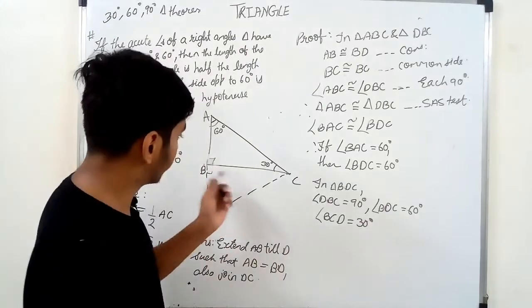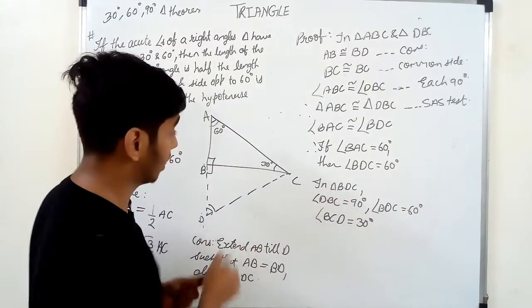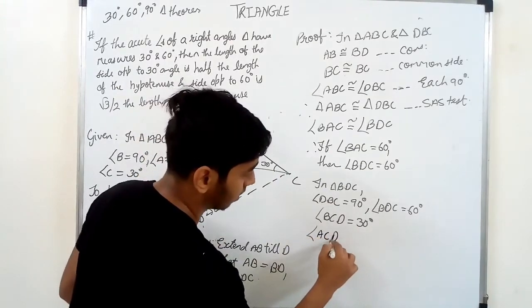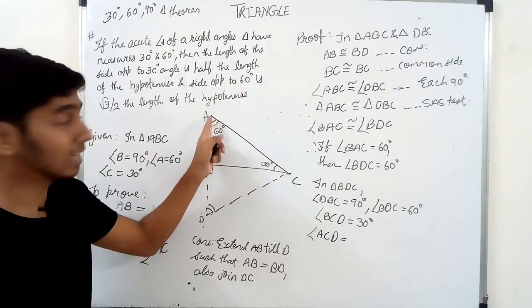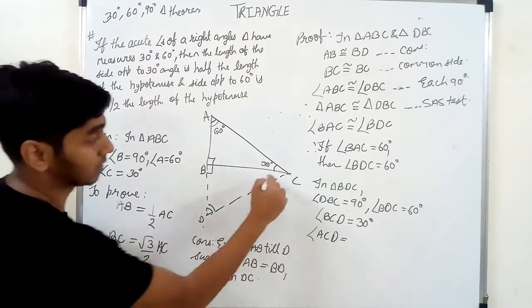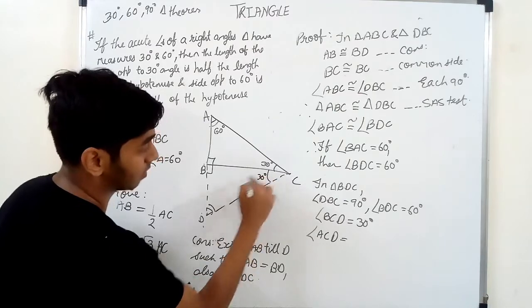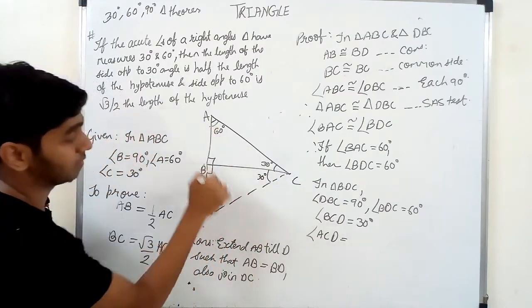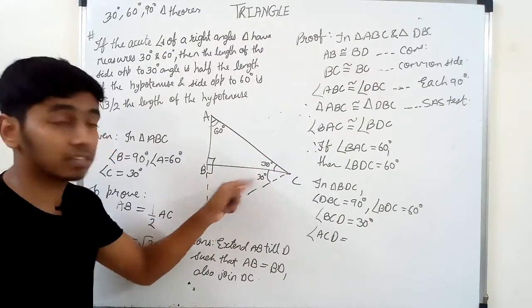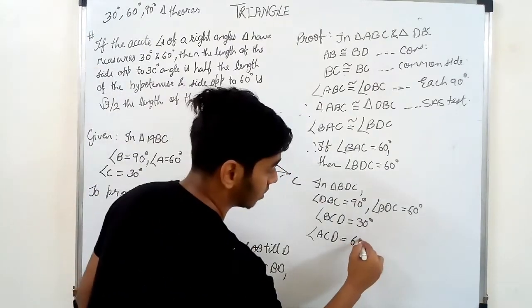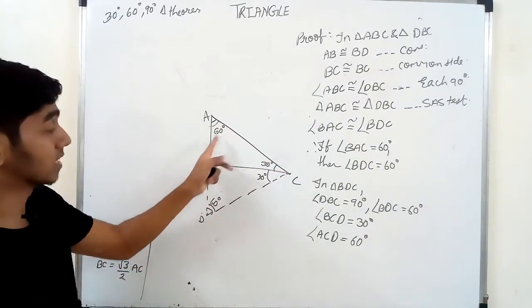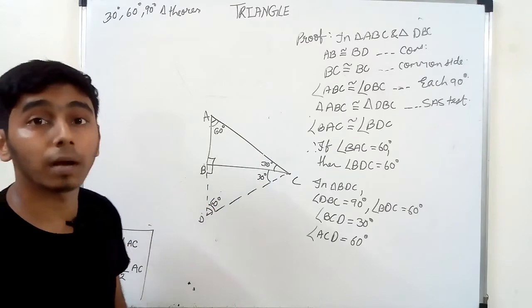Now, if BCD is 30 degrees, can we say angle ACD, which is angle ACD, is 30 plus 30, because this also we have got as 30. This is already 60, we have proved, correct? So what will ACD be? 30 plus 30, which is 60. Therefore, this is 60. Now, if you see, this angle is 60, this is 60, and this has also become 60.